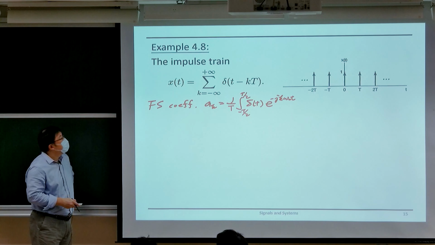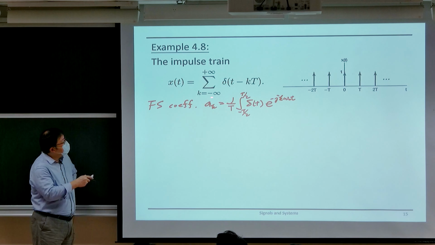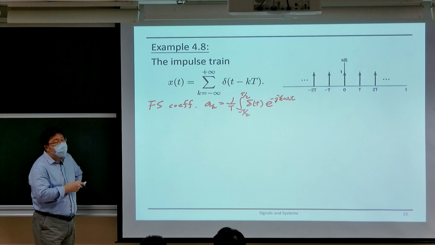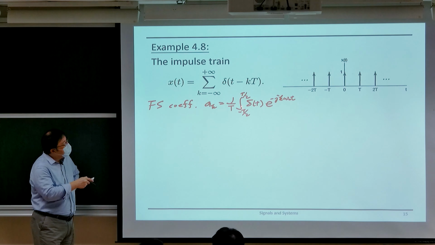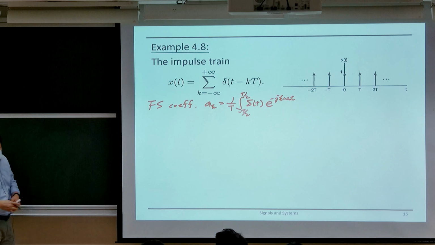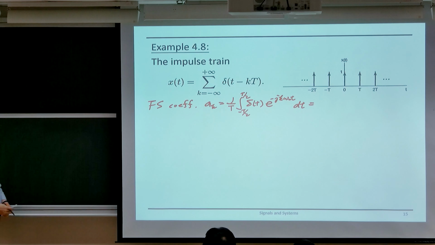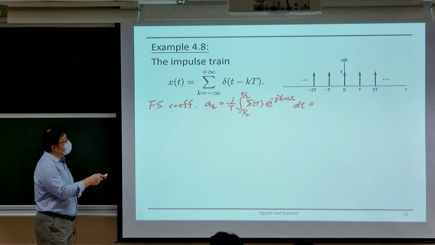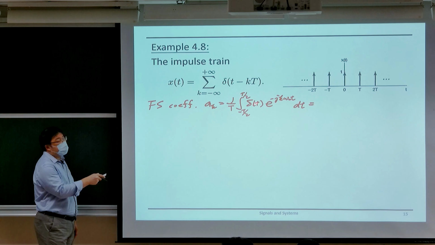To find the coefficient ak, you take 1 over T, the integral of x of t times e to the minus jk omega naught t, integrated over one period. So this is non-zero only when t is equal to 0.